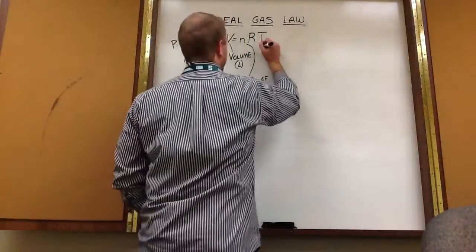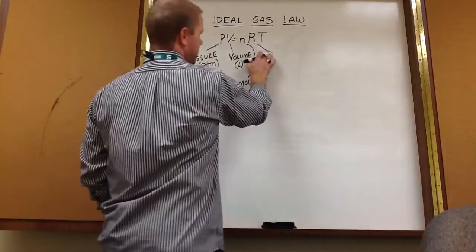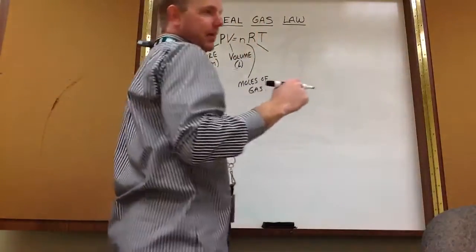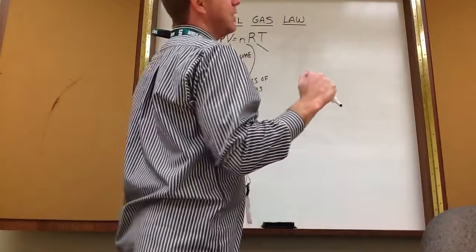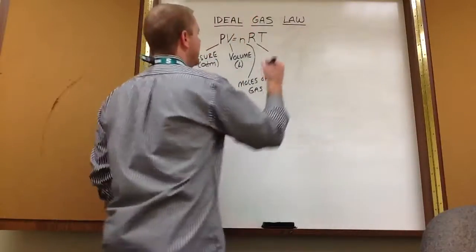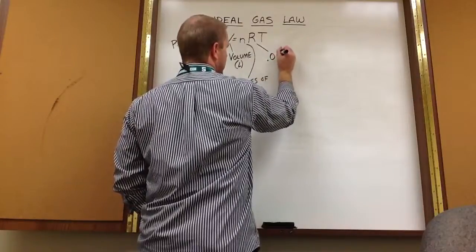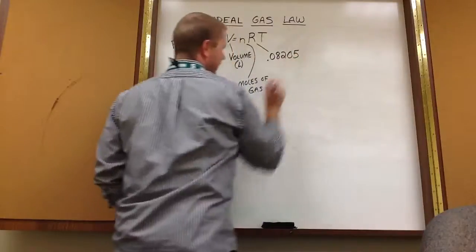Which brings us to this thing, R. R is a constant, just like the speed of light, c. C was 3.00 times 10 to the 8. Or you had Planck's constant, 6.626 times 10 to the negative 34th. Well, here, R is this exact number, 0.08205. It is a constant.